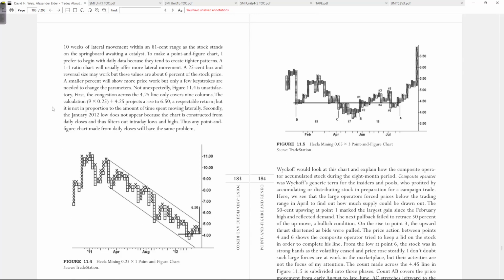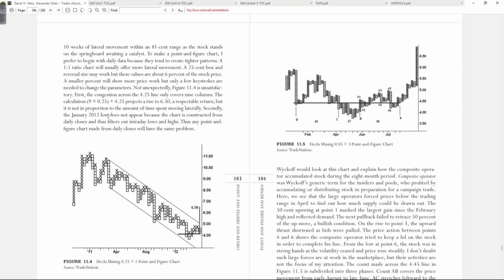First, the congestion across the 4.25 line only covers 9 columns. The calculation 9 times 0.25 plus 4.25 projects a rise to 6.50, a respectable return, but it is not in proportion to the amount of time spent moving laterally.